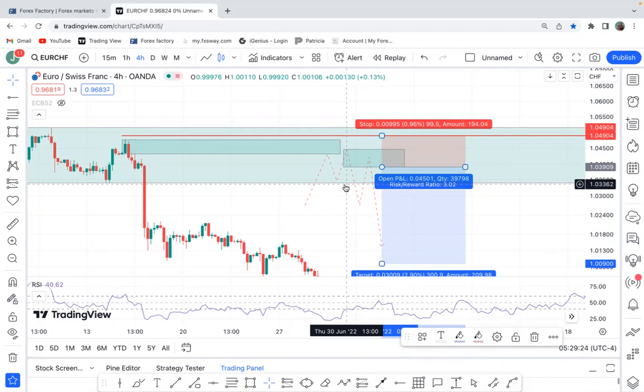So let me know if you understand the refining and then the confirmation concept I just talked about. Type a one in the chat if you do. Or if you have any question, let me know so I can unmute you and ask your question.